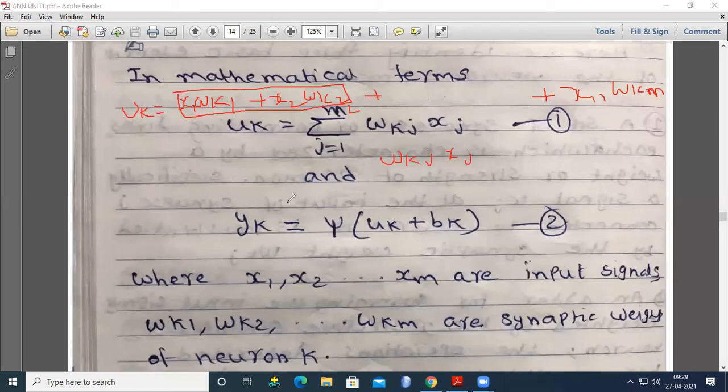Now yk is the last result, the nonlinear result, and yk equals psi of uk plus bk. bk means bias. Where x1, x2, xm are input signals, and wk1, wk2, wkm are synaptic weights of neuron k.